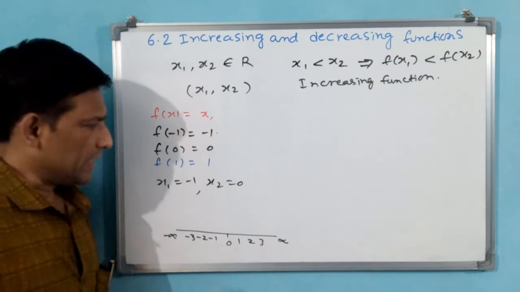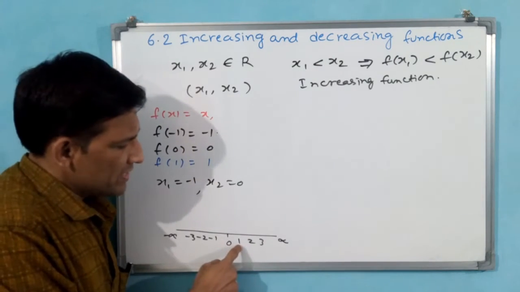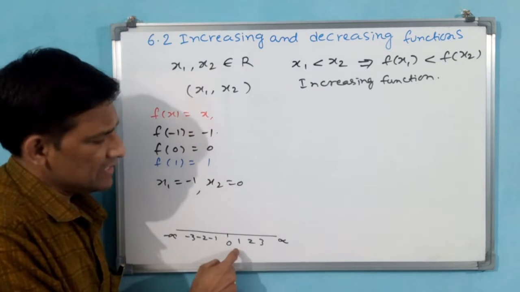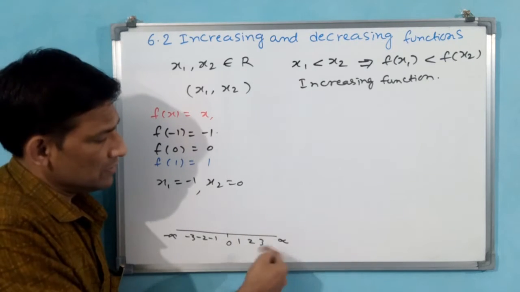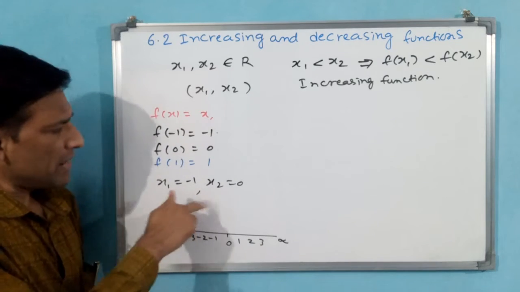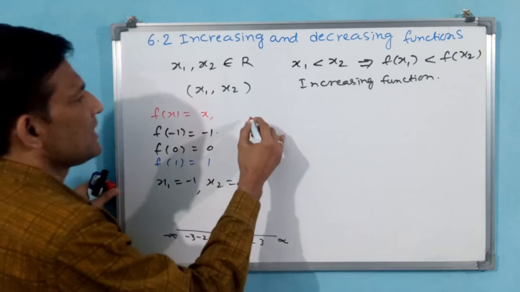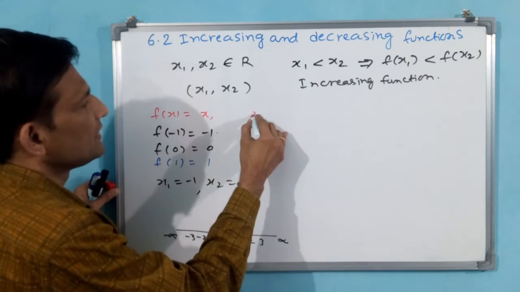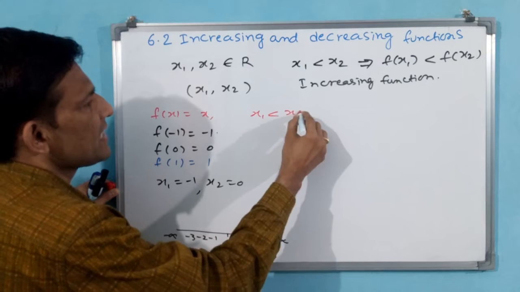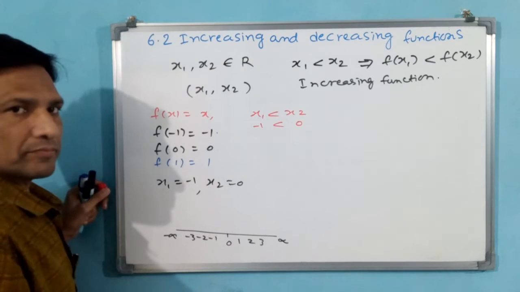Value we are talking about, okay, here this represents value. Okay, 1 is less than 2, 3 is less than infinity or 10, like that we have to understand. Here you see -1 is less than 0 or not. Definitely 0 is greater. You see here how I am writing, x1 is less than x2, that means -1 is less than 0.